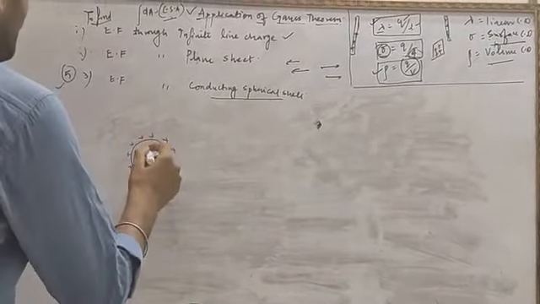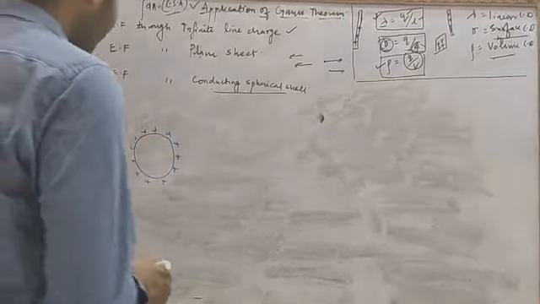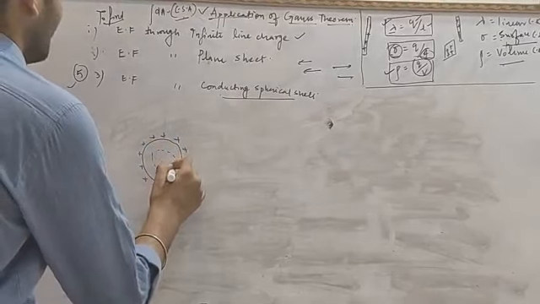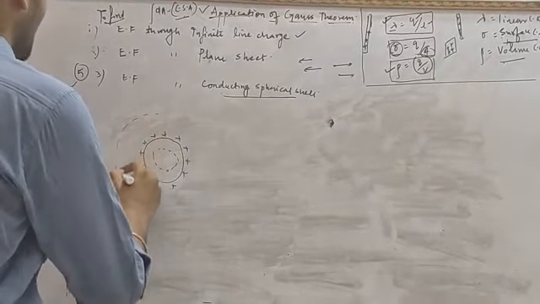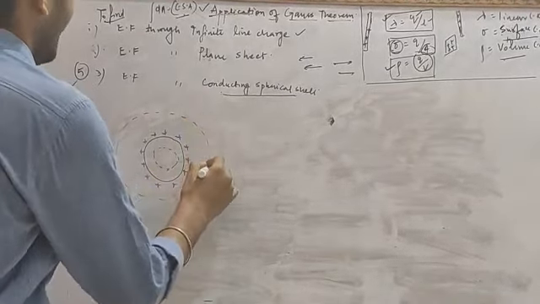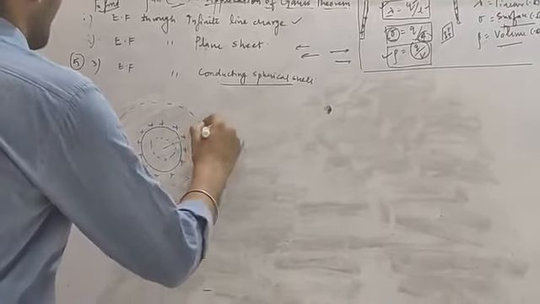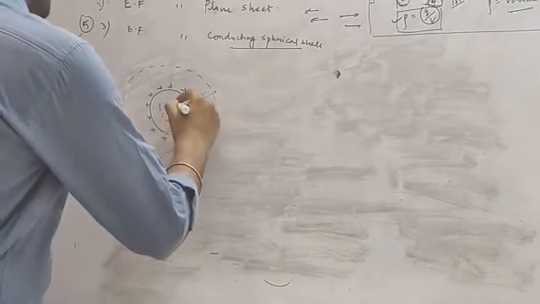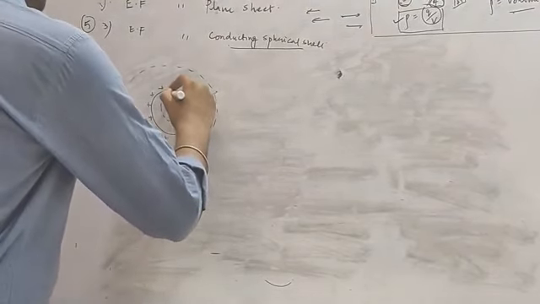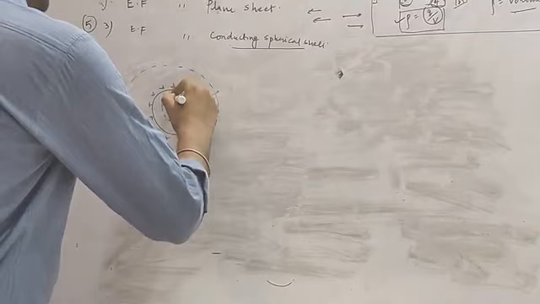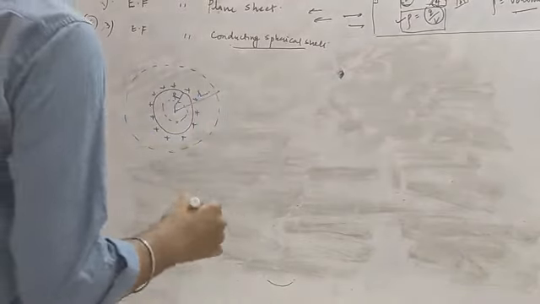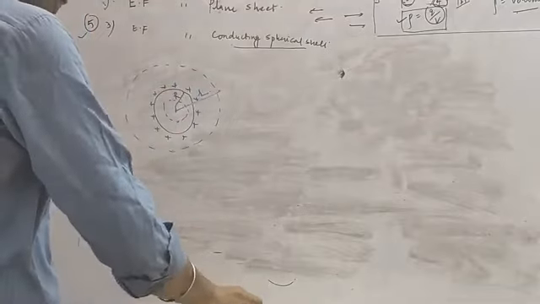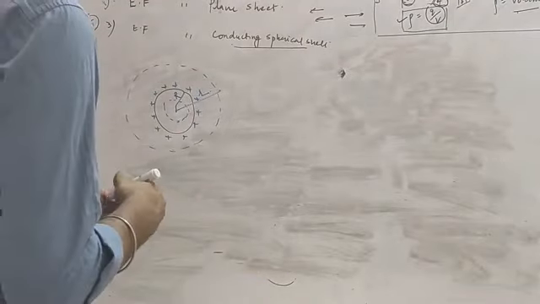We need to determine the electric field, so we have two Gaussian surfaces, one inside and one outside. Suppose the radius of the thin conducting spherical shell is capital R, and the radius outside the shell where the electric field is to be determined is small r.